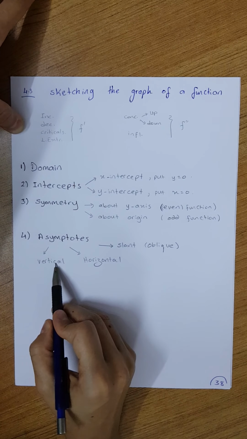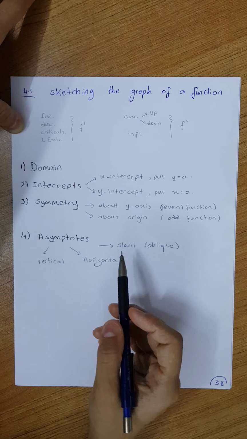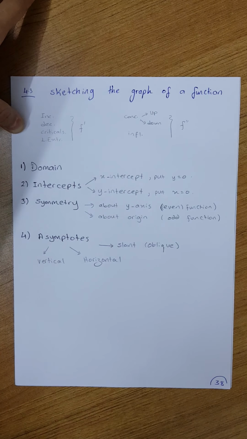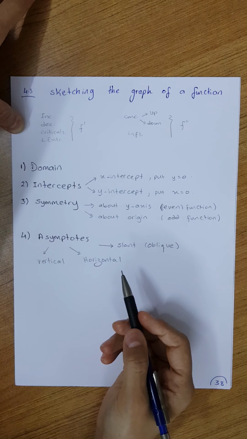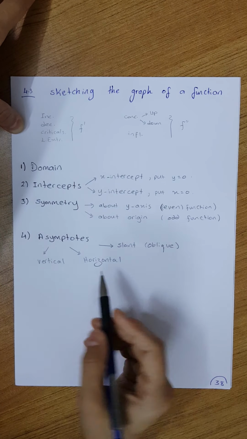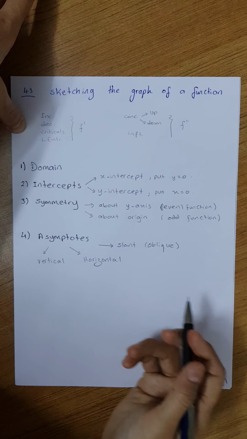We had vertical asymptote. How were we finding a vertical asymptote? We were setting the denominator of the function equal to 0. Then we were finding the limit of that function as x was approaching those numbers that were making the denominator equal to 0. If we got the result infinity or negative infinity, we would say that that point is a vertical asymptote.